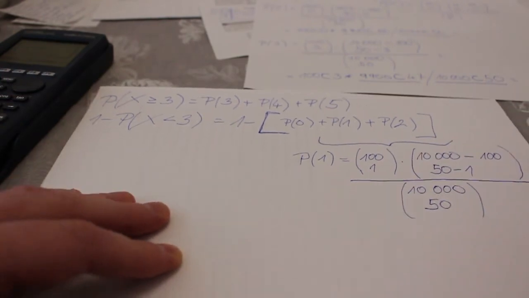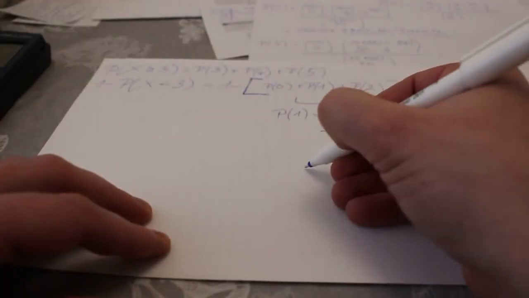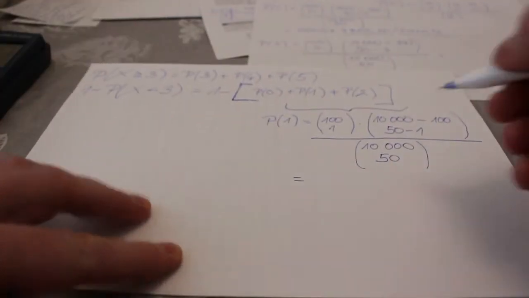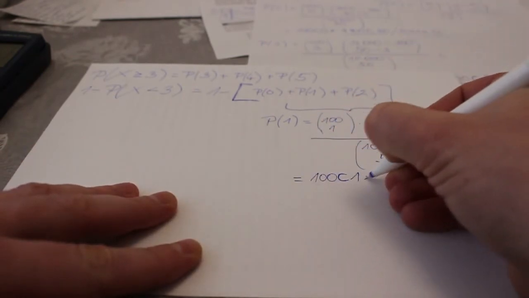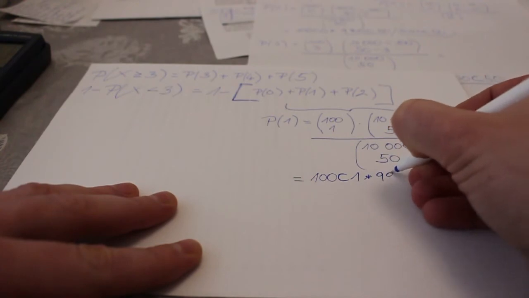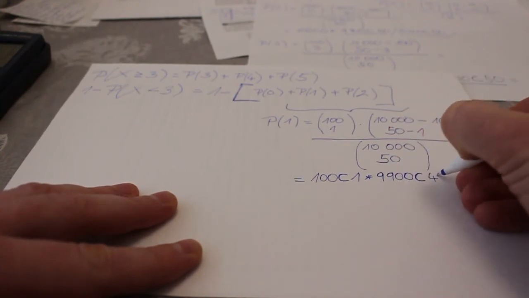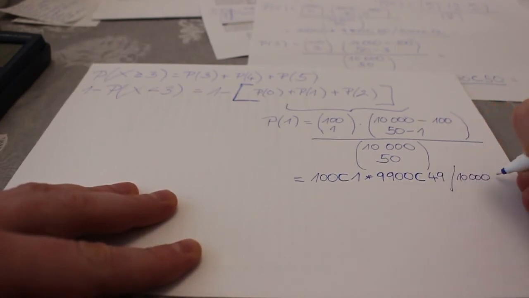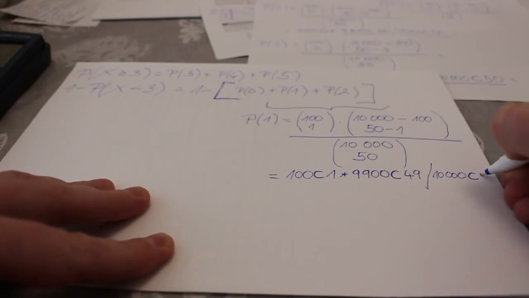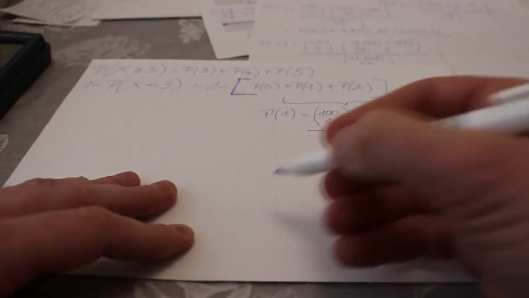So this will be probability that I will find one left-handed person. I will rewrite this like combination number 100C1 times 9,900 C49 divided by 10,000 C50.